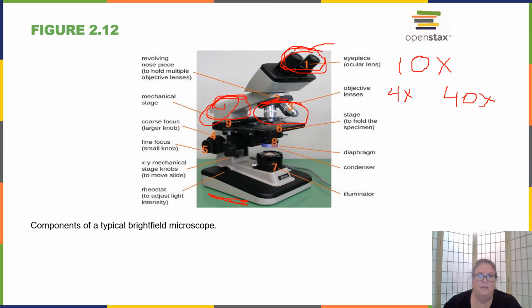All right. It's hard to make out on this slide, but there's a mechanical stage here that allows you to move that microscope slide a little bit. So this thing is called the stage, and there's a clip on there that holds the slide.